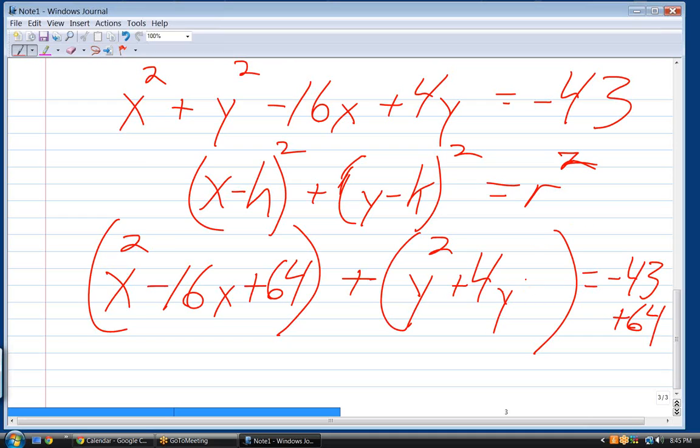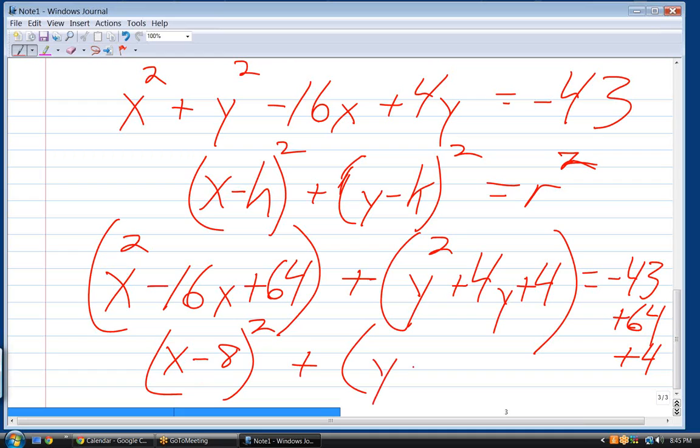You're going to add 4. Now re-express this as an x minus h squared. We're going to have x minus 8 squared, plus the quantity y plus 2 squared.